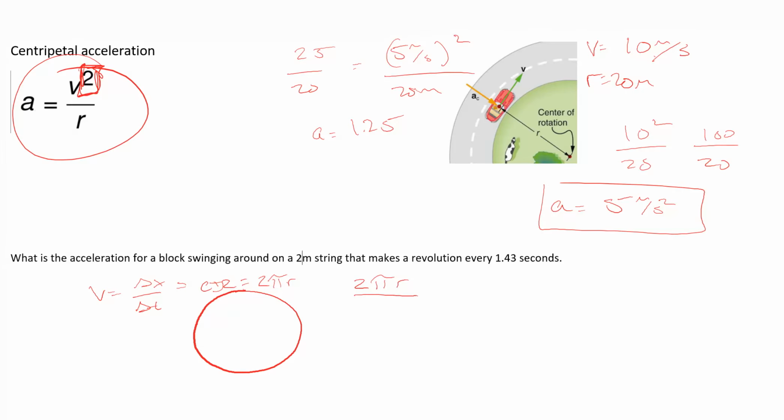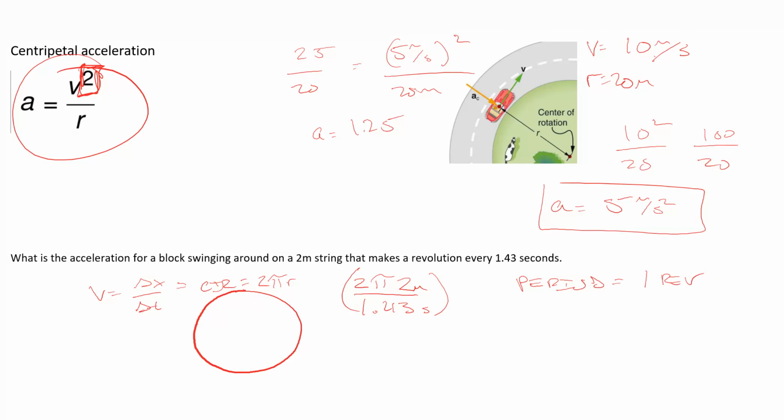Now there's a specific word that we call for every time you go around one full revolution. It's called the period. The period equals 1 revolution. So it says if I have a period or make a revolution every 1.43 seconds, I can solve for my velocity. So r over here turns into 2 meters. So 2 times 2, 4.